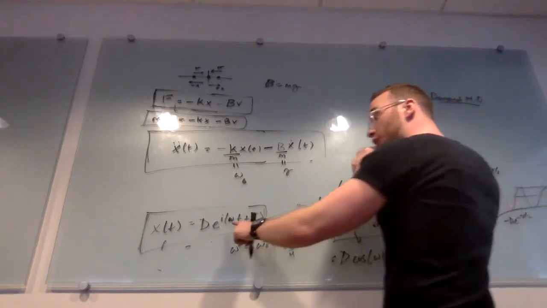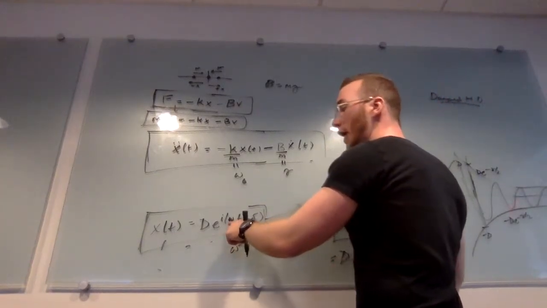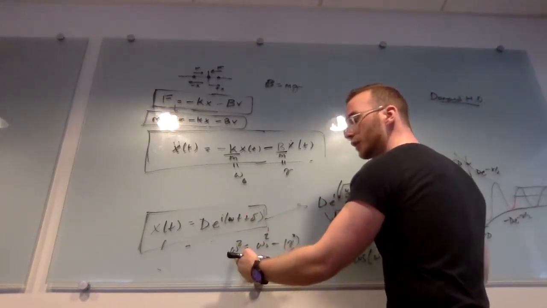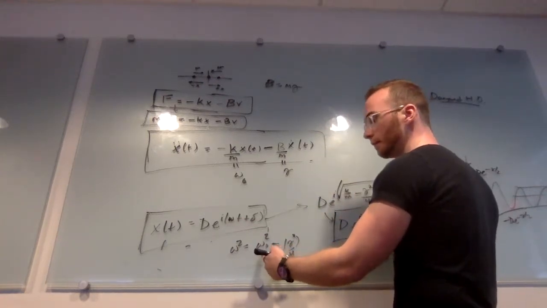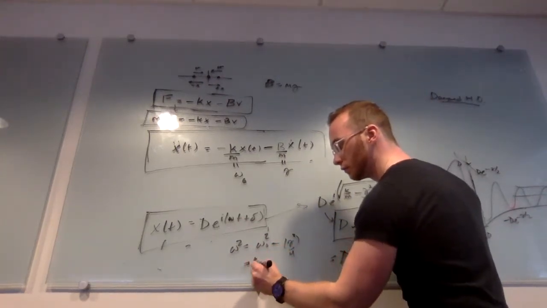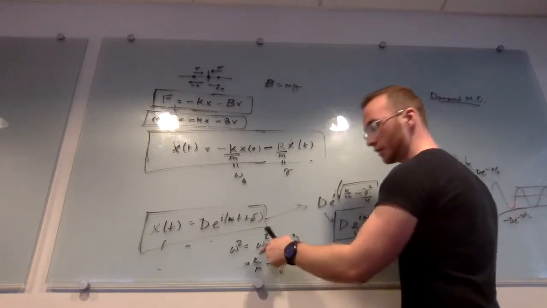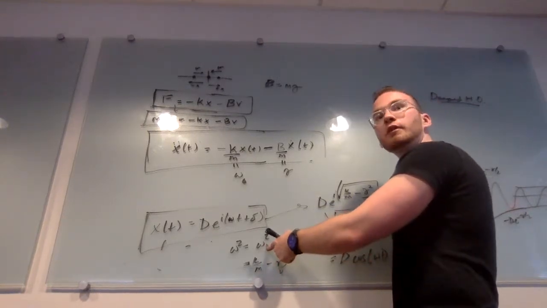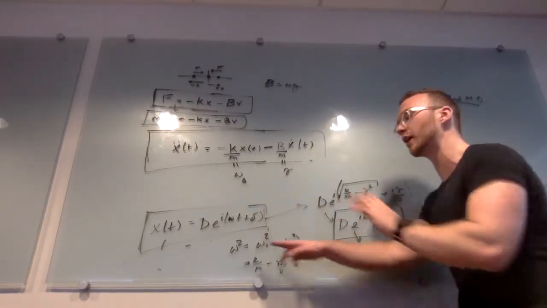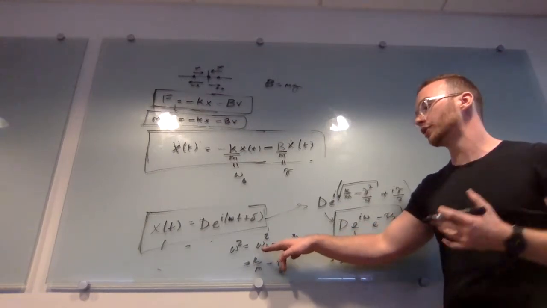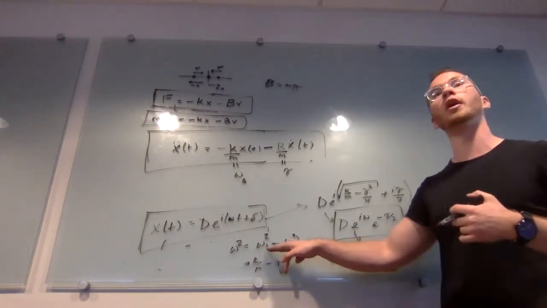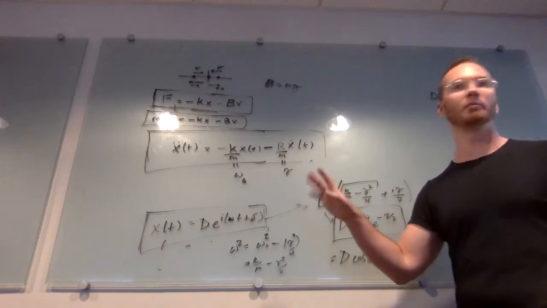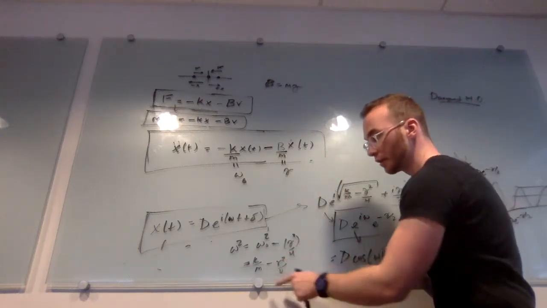In this case, if we try to use the same form, we get that omega squared is not just k over m. It's k over m, which I'm defining to be a variable called omega naught squared. Essentially, they're saying that omega naught is what it would be if there was no damping force. But anyway, minus this other thing.